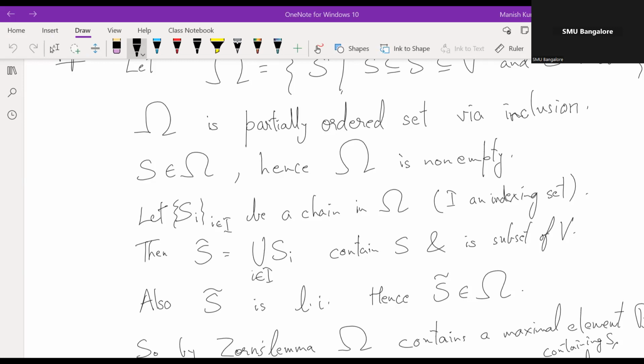So suppose the summation a_i v_i equals 0, i equals 1 to n for some n, and v_i is in S tilde. Then these v_i's belong to some S_i's, and you take the maximum of these, the one which is biggest among these S_i's, because they are totally ordered.